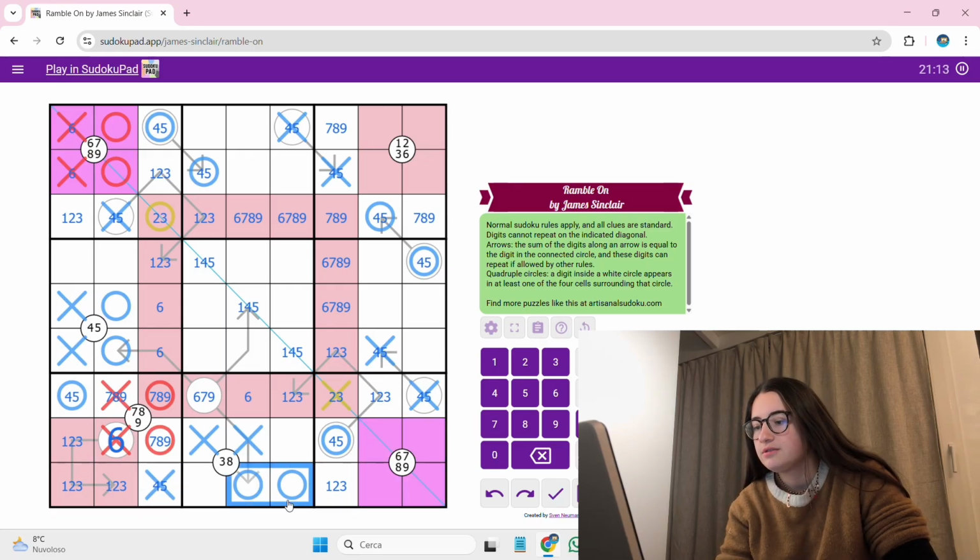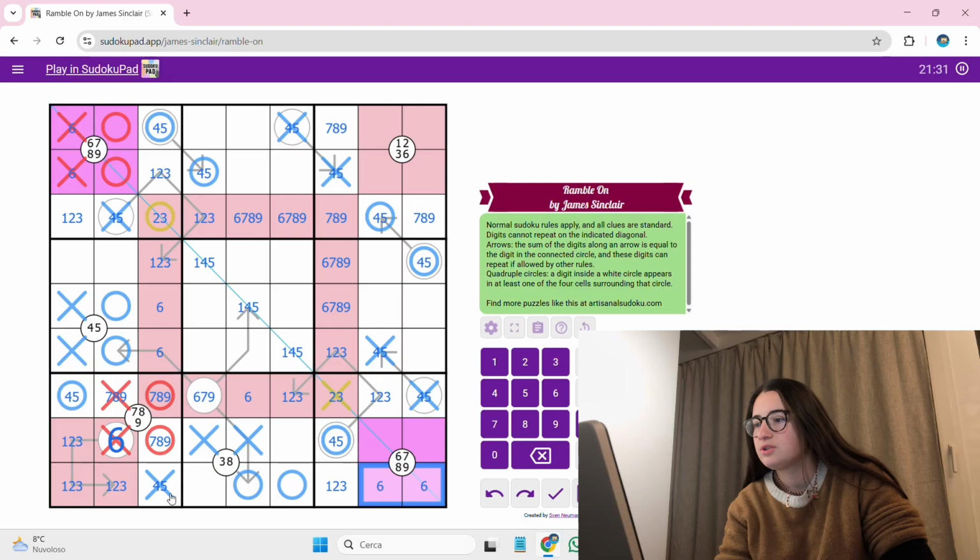1 2 3 4 5, 4 5 6 7 8, 6 7 8. Okay, we need a 6 in here because it's here. Which digits are we missing?